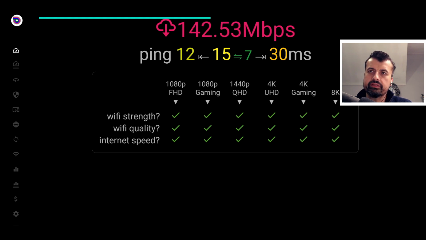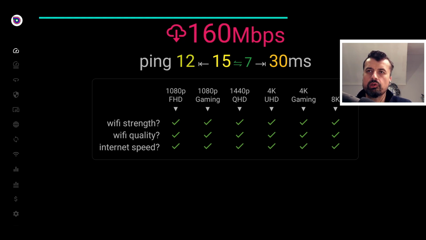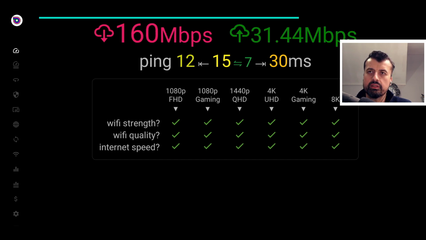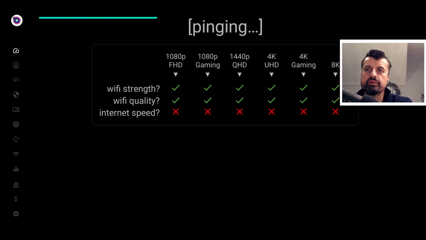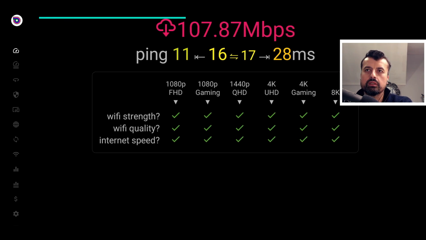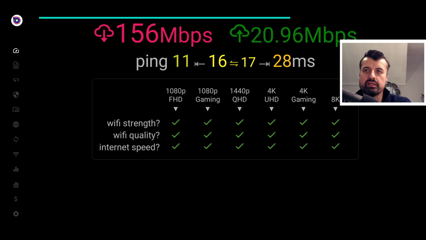I just want to make sure that we can see it consistently on my device. I'm using my NVIDIA Shield Pro. Yep, that test was over 160 meg downstream. And just one last time, to make sure it's not a fluke, we can see that comfortably using IPVanish with all of those backend infrastructure upgrades, I'm easily getting over 150 meg downstream.